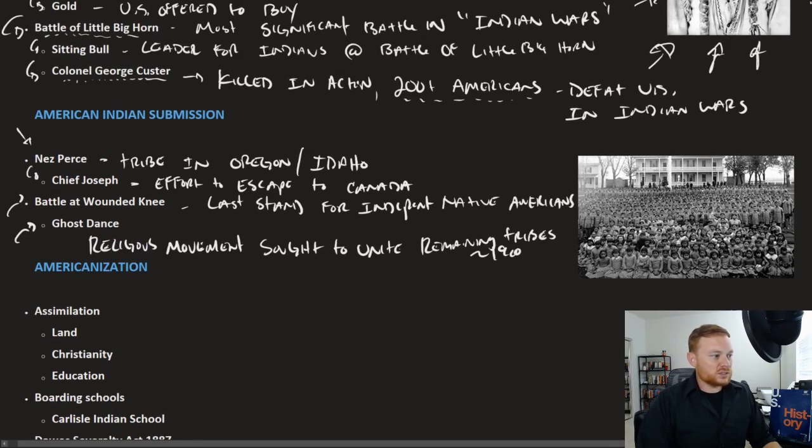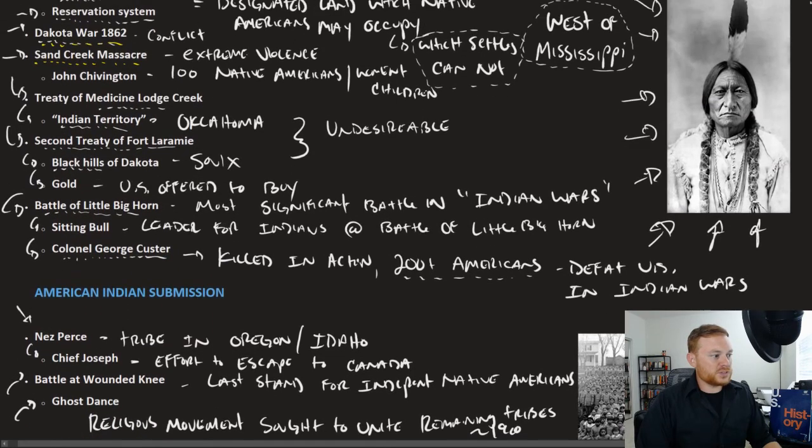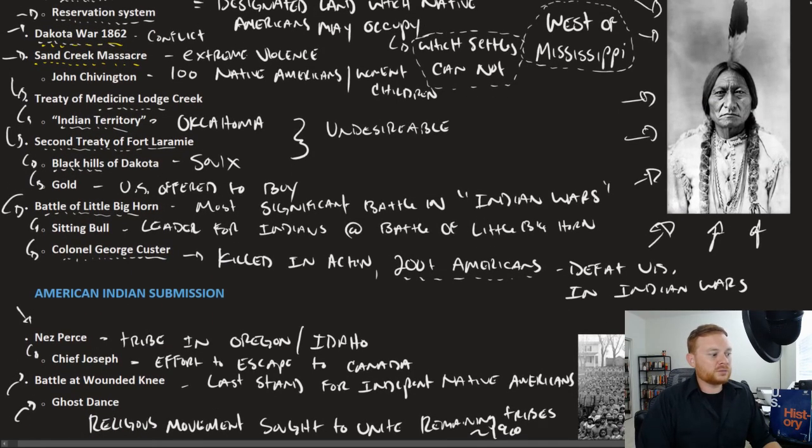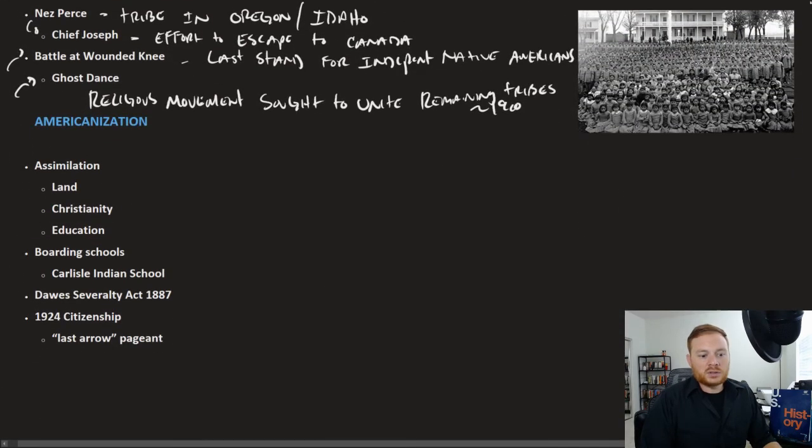Now, a lot of these instances, ranging from the Sand Creek Massacre to the Battle of Little Bighorn to the Battle of Wounded Knee, were all incredibly violent. And violence was something that neither Native Americans nor the U.S. government saw as option number one.